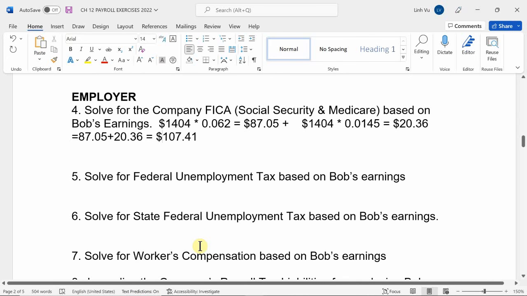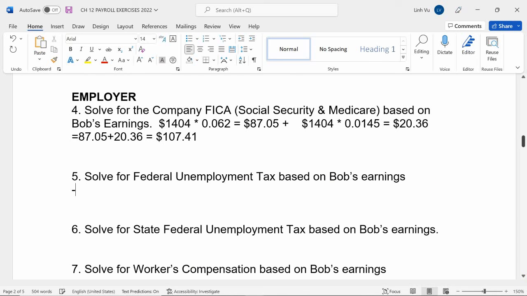Solve for federal unemployment tax. How much did we say federal unemployment is going to be? 6%. We said it was going to be 6% off of his gross earnings. So how much is that? 84.24. Okay, good.